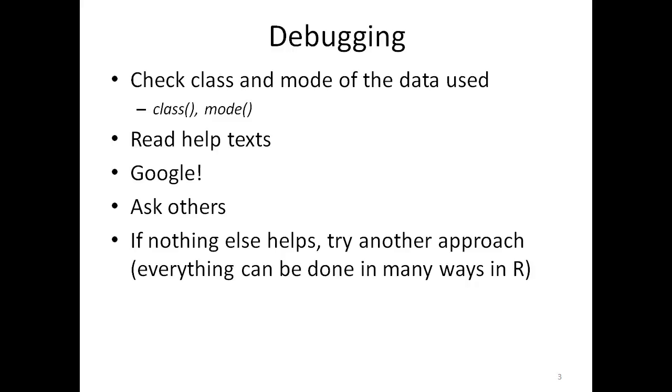Google things, always useful, and you find surprisingly lots of answers on the internet. Another thing you should do is ask others, at least if you know anyone that knows R, and discuss the solutions, because the input from others is almost always useful. And you could also ask on the internet.